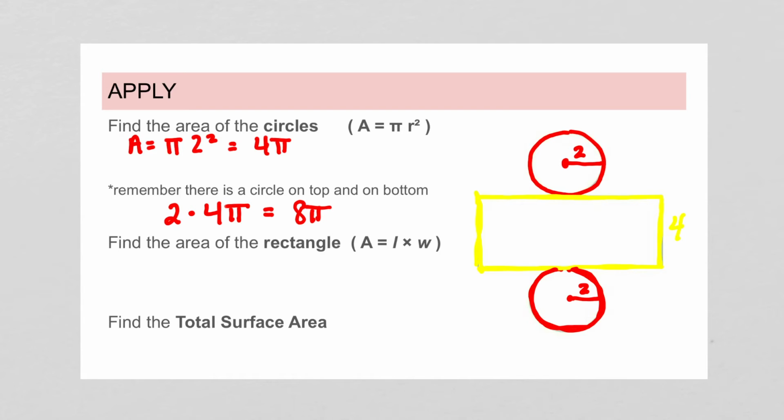Okay, so far, that's where we are. And now let's consider the area of that rectangle. We know the area of the rectangle is length times width. The length, we said, was 4. And we have to figure out what the width is. Well, let's take a side note.